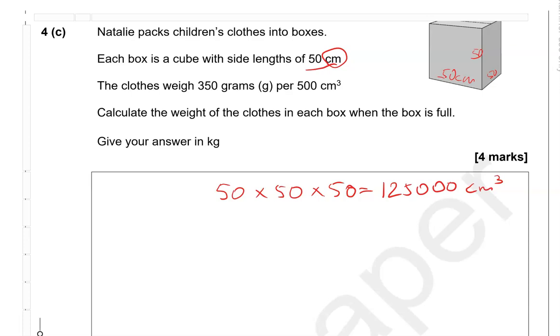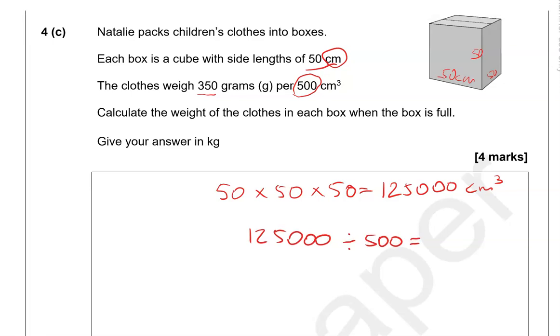Now, the clothes weigh 350 grams per 500 centimeters cubed. So we're going to divide 125,000 by 500 to see how many of those we have, which gives us 250.